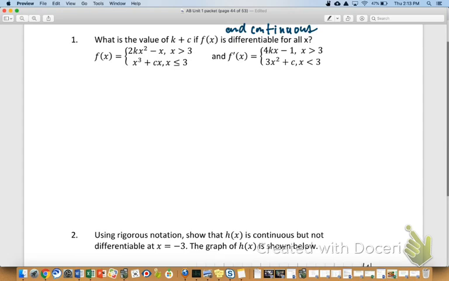We'll see if we agree on that part. So I've just written kind of the initial statement up there if you want to check.